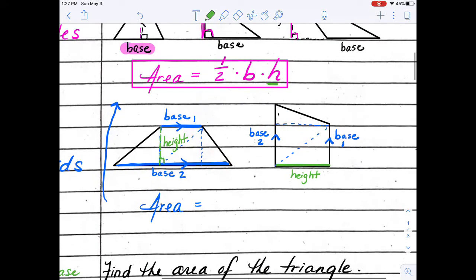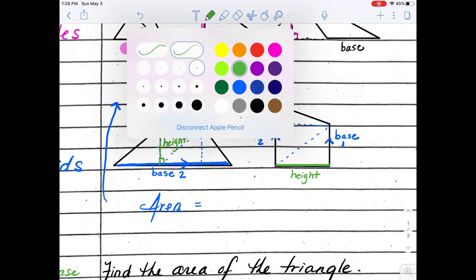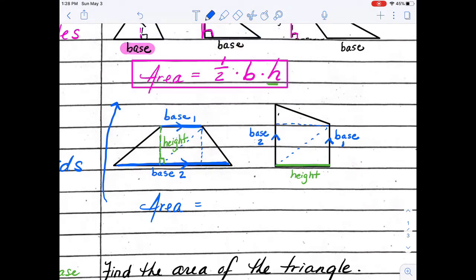Now the formula, like I said, is going to be very related to that triangle formula for area, since it does have many triangles inside. So it's still going to be half, but instead of that base times height, we actually have two different lengths of a base here.